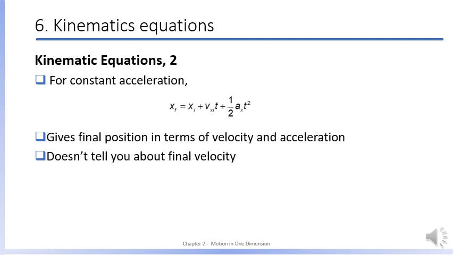The second equation represents the final position of a particle in terms of velocity and acceleration. So the final position xf equals the initial position xi plus vxi times t, t is the time, plus half ax, ax is the acceleration, times t squared.